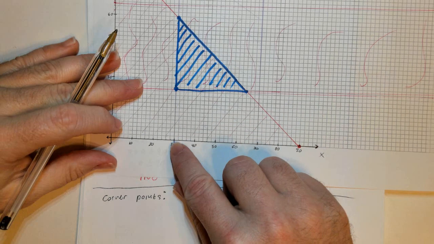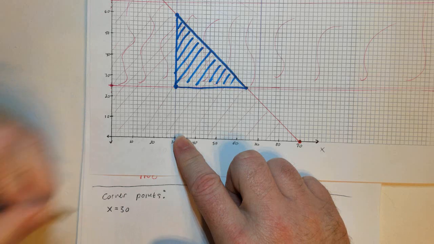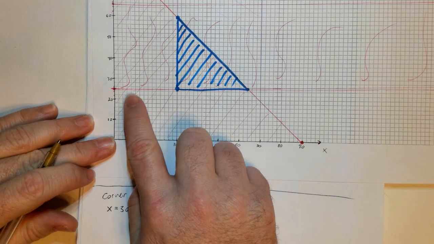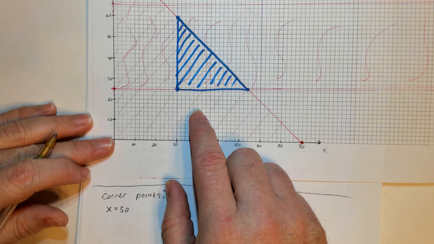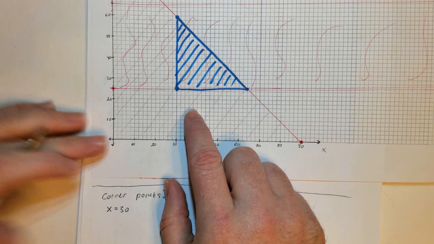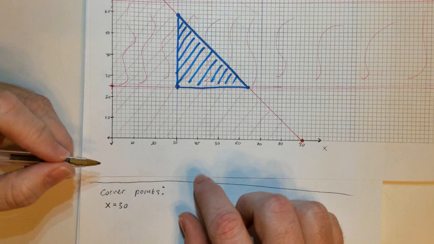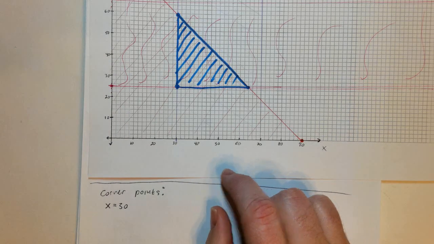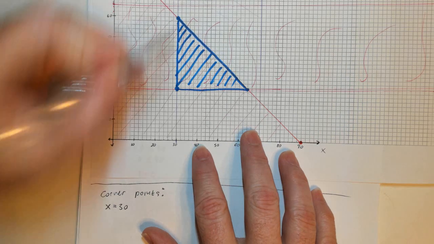The purple line is x equals 30. It's vertical, x equals 30. And then that is y equals 25. So I'll tell you what I want to do. I want to see what this point here is.